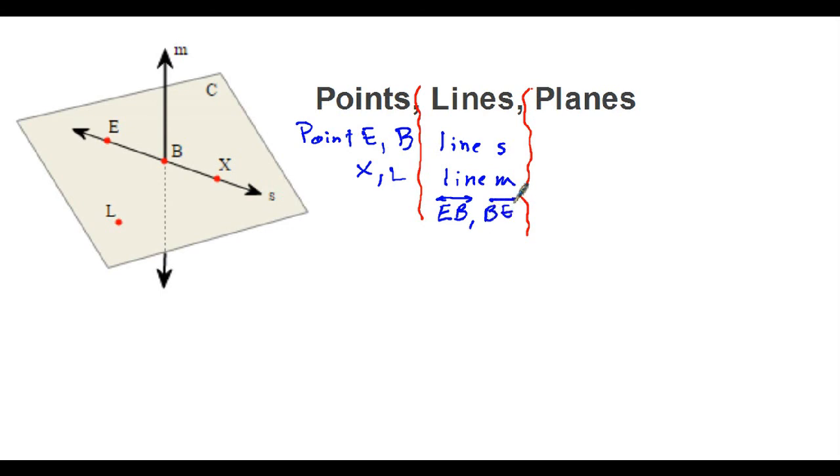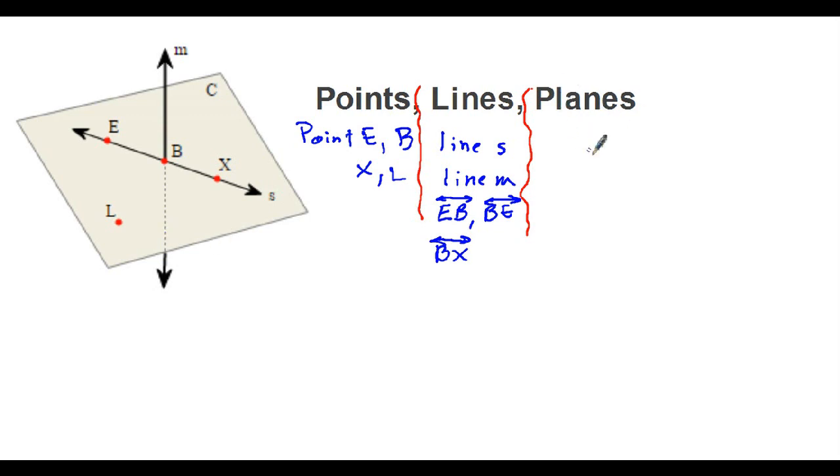Remember, which letter you use doesn't change what it is. You can use, say, BX, and so forth. Now, you couldn't indicate anything for line M using letters because there's only one point on it. There's no other point on the line, so I couldn't use that.